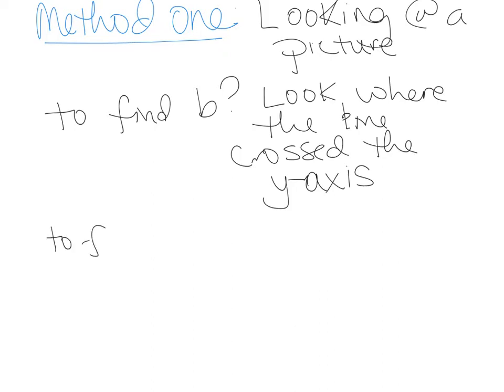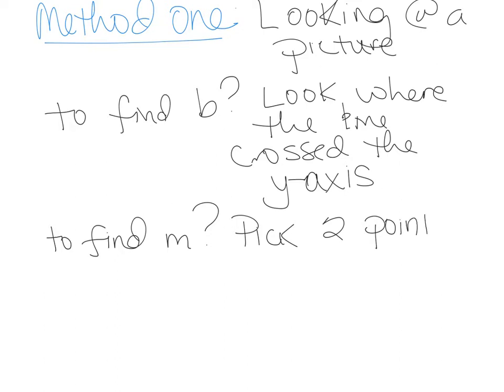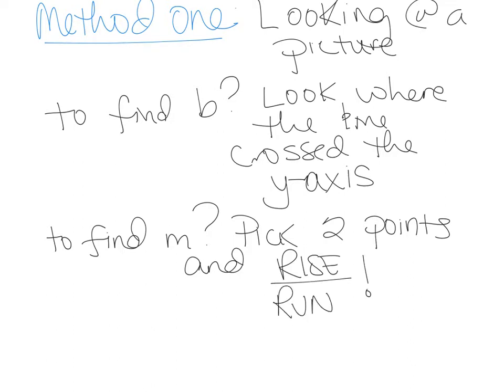How about to find M? Pick 2 points and rise over run. The first thing I did was I found B, which is where my line crossed the y-axis, and then I picked 2 points and did rise over run to find M. Okay.